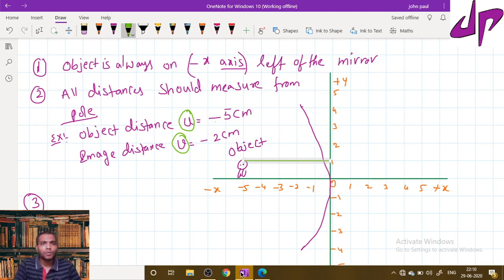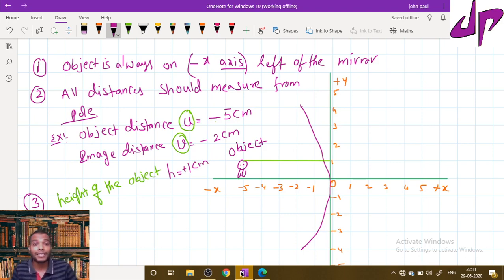In this example, the height of the object, h, equals 1 centimeter. So it is precisely a positive value. The signs, plus and minus, are very important.